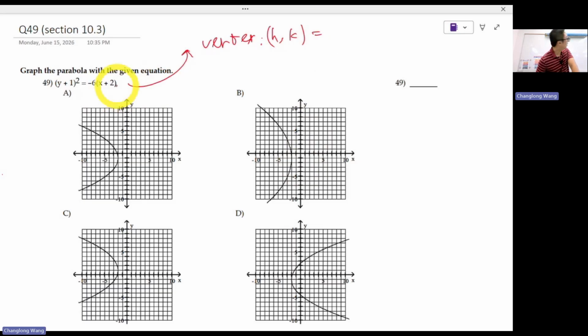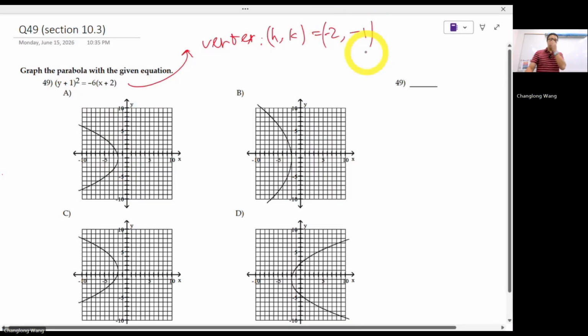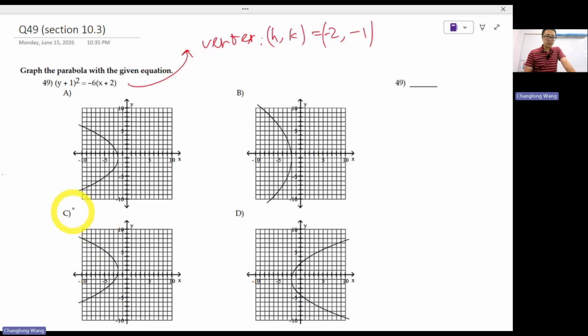Therefore, it will be (-2, -1). So that's in the third quadrant, right? So I hope that you see right away C is wrong. And the vertex is here, here, and here.